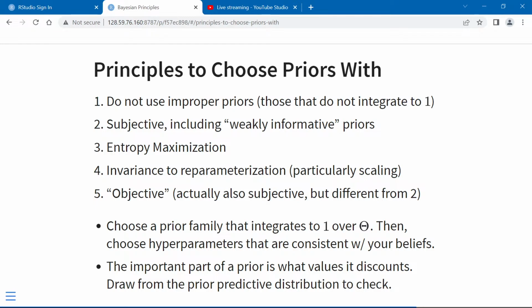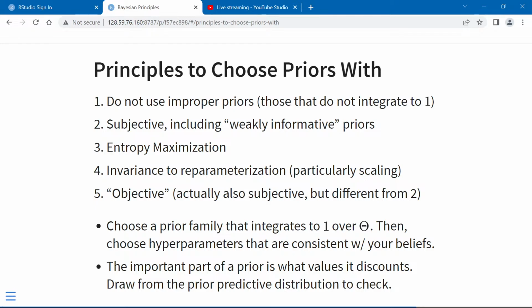It's never obvious just by glancing at it. You have to do some fairly serious math with a pen in order to figure out if your posterior is going to be proper if it's induced by an improper prior. So that's why I would say just avoid improper priors, only use proper priors, those that integrate to 1, and that's a sufficient condition for the posterior distribution being proper as well.